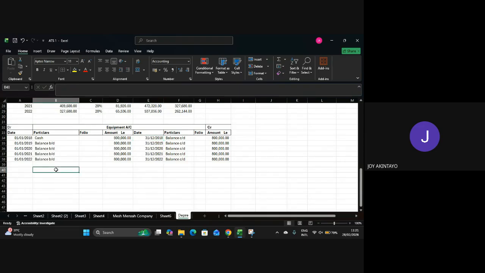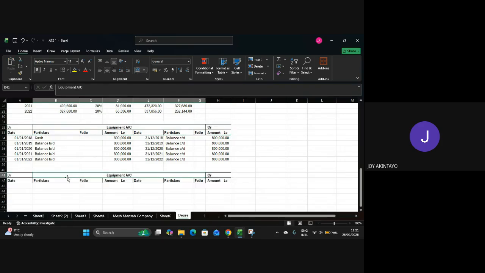Open our depreciation account. We do the same thing. So we say depreciation. So here we now input our yearly depreciation. Now, for depreciation we have a debit balance.